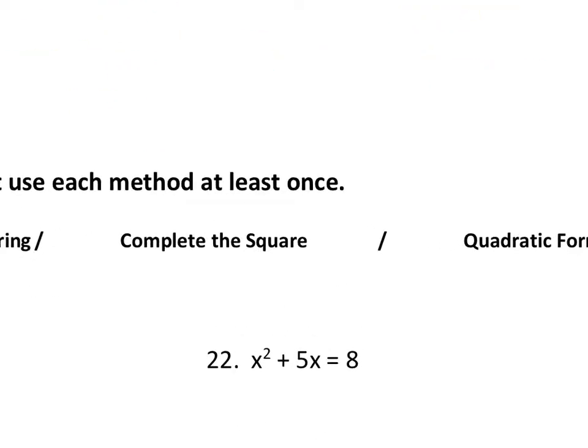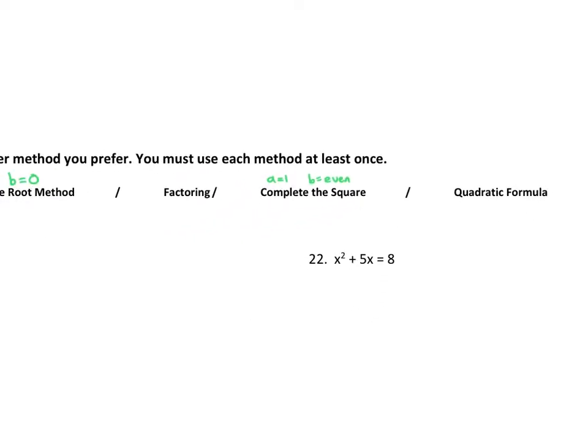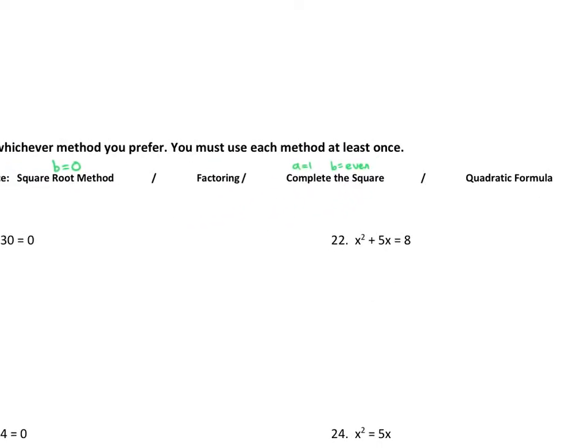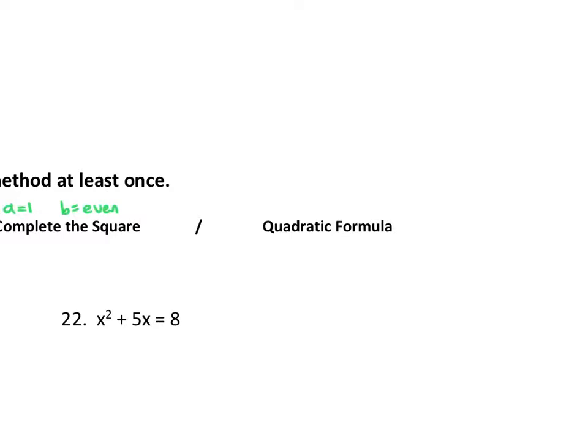When you're completing the square, you need a equal to 1, and you need b to be even, so that when you do b divided by 2 squared, you have an even number to work with. Quadratic formula is when you can't factor it. If you can't factor it, or maybe it is factorable but you can't figure it out, quadratic formula you can always use.